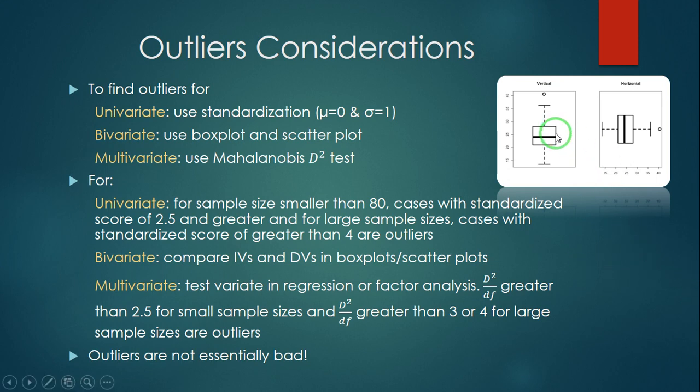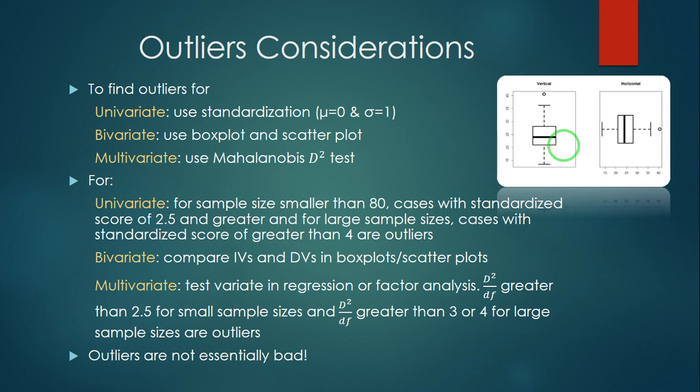Here is a box plot, and we also had some box plots in the last video, and you can see the outlier over here. And for multivariate data analysis techniques, we always use the Mahalanobis D-squared test.